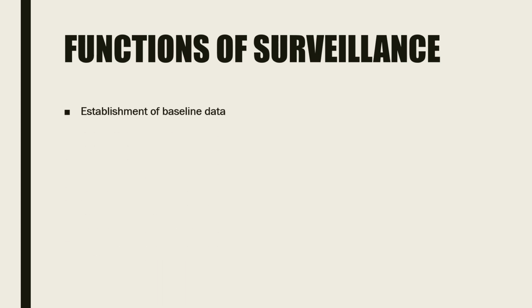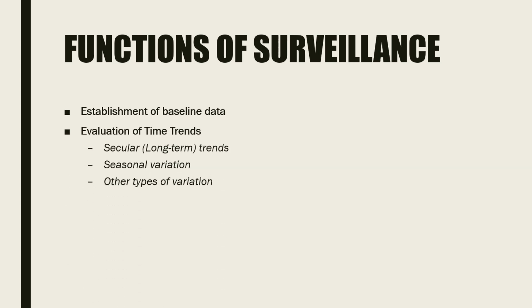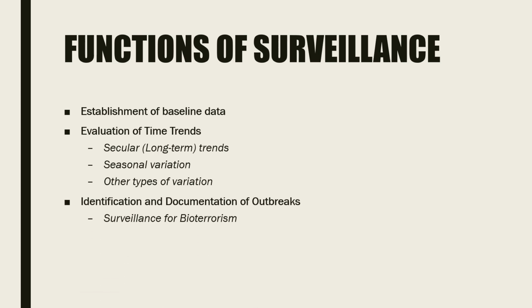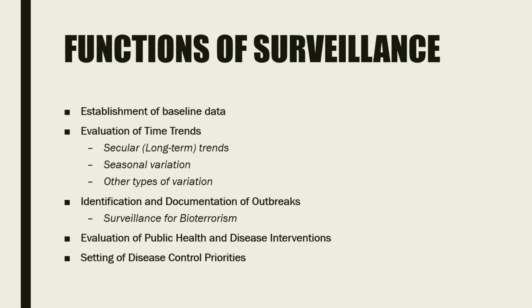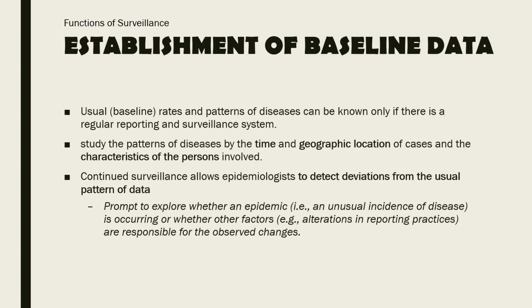So what are the functions of surveillance? It is to establish baseline data and to evaluate time trends of secular or long-term trends, variation of seasons, and other types of variation, and to identify and document outbreaks, surveillance for bioterrorism, or for example, surveillance for coronavirus, and evaluation of public health and disease interventions, so that we could set up disease control priorities and study the changing patterns of disease.